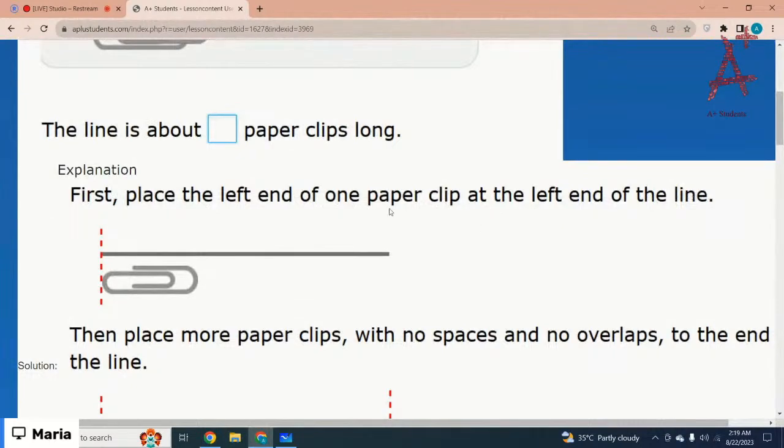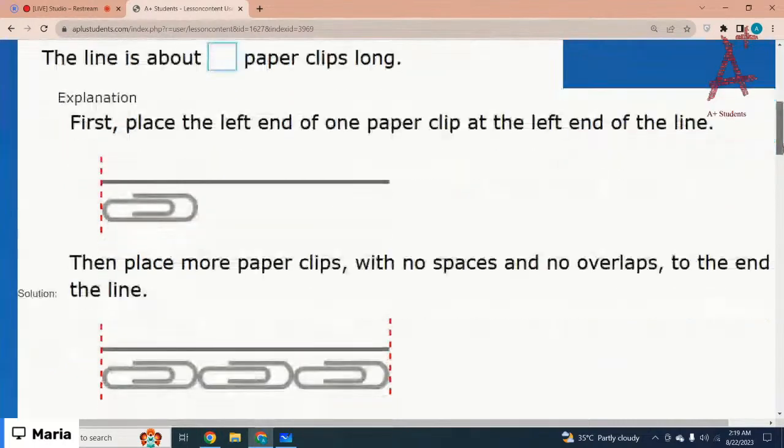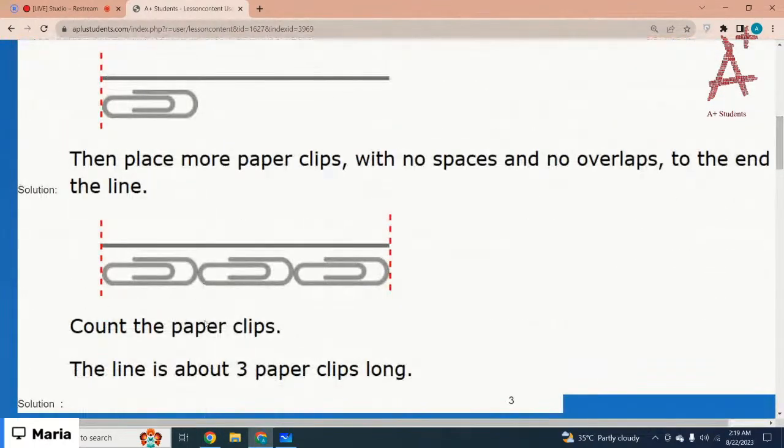Just align the paper clips with the line, starting from the left side and going until the last one, with no spaces and no overlaps. So the line is about 3 paper clips long. The correct option is 3, right?